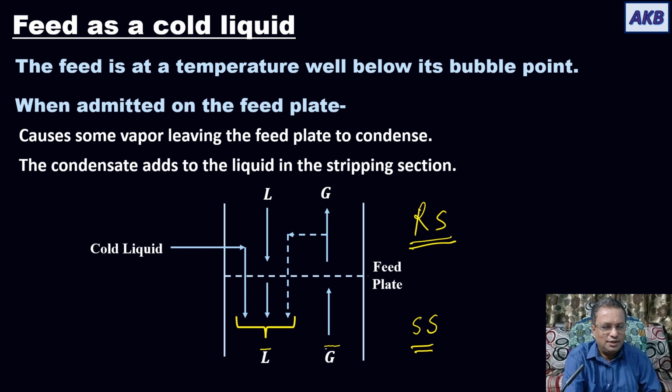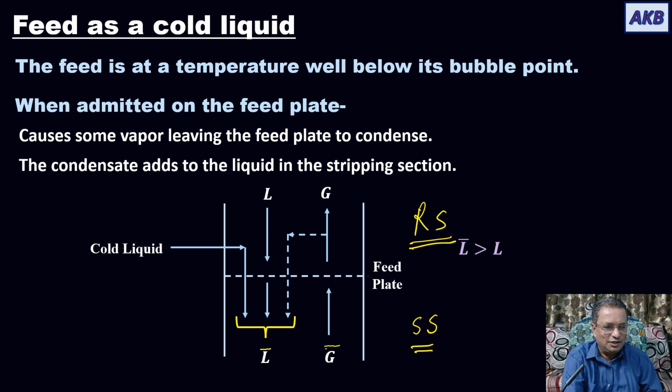So by looking at the diagram, you can now easily understand that if you compare L and L bar, you can easily tell L bar is greater than L. Whereas in case of vapor, since some of the vapor is getting condensed, the molar flow rate of vapor in the rectifying section will be less than that in the stripping section.